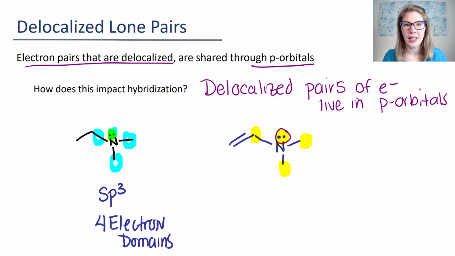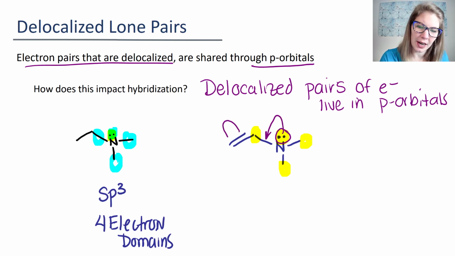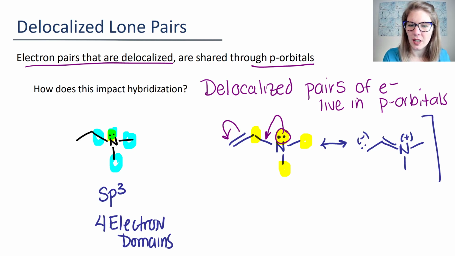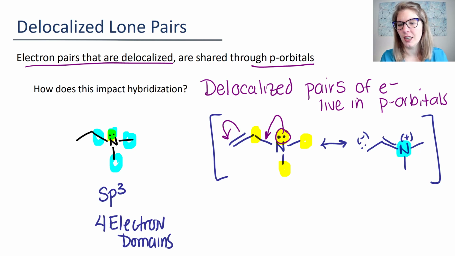When I look at that nitrogen, one of the things to help me see that we have an sp2 hybrid orbital for that nitrogen is to successfully draw what we did on the prior page. Draw its resonance structure. And when we draw that resonance structure and we end up looking at the nitrogen now, I'm going to highlight the nitrogen. Now that nitrogen certainly looks like it's sp2 hybridized.